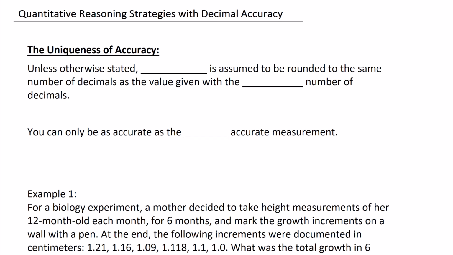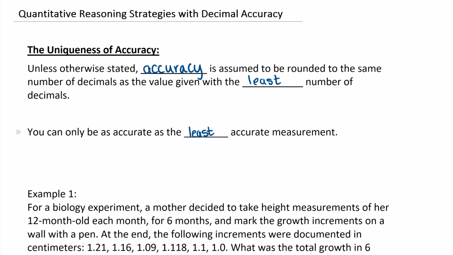Unless otherwise stated, accuracy is assumed to be rounded to the same number of decimals as the value given with the least number of decimals. Another way to say that is you can only be as accurate as the least accurate measurement.